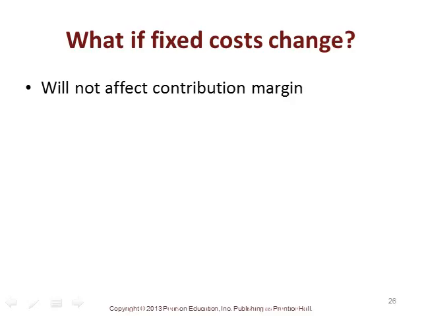Because they come beneath the dividing line, they do not affect contribution margin, right? But would you expect that they would change the break-even point? And I hope you said yes, because they will.